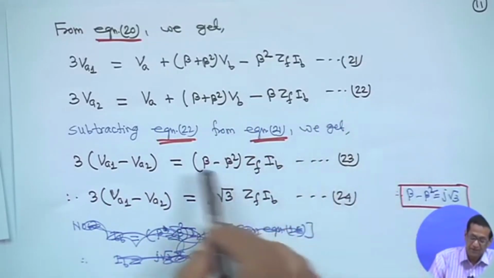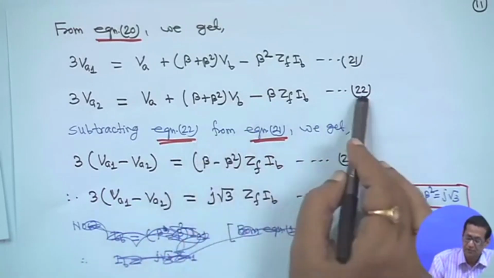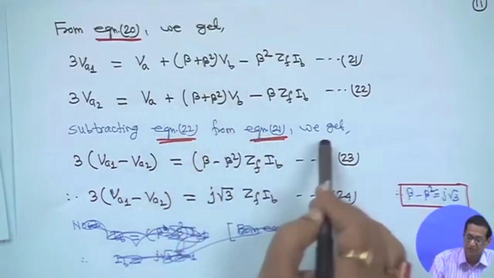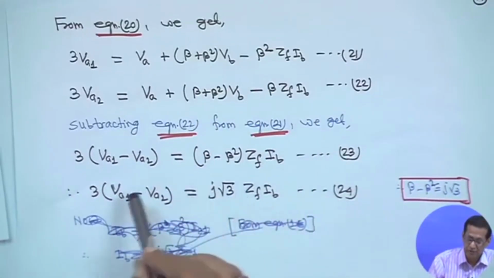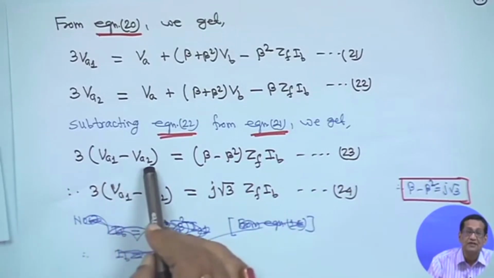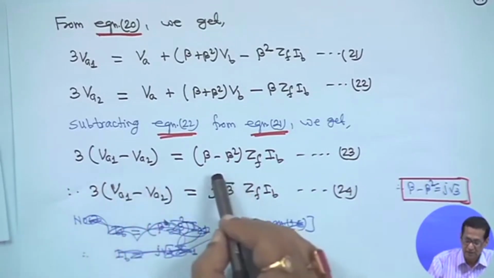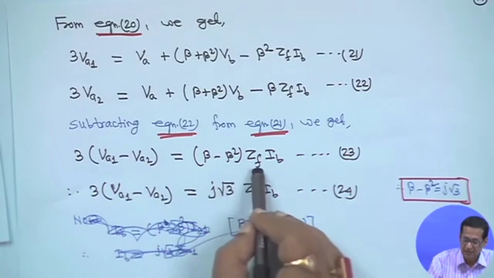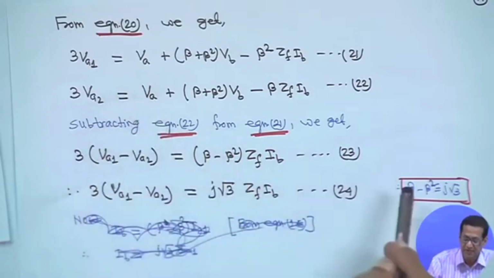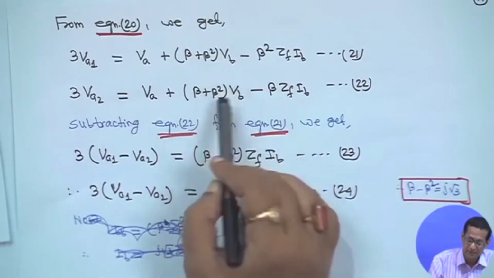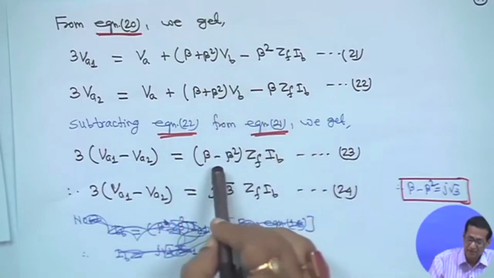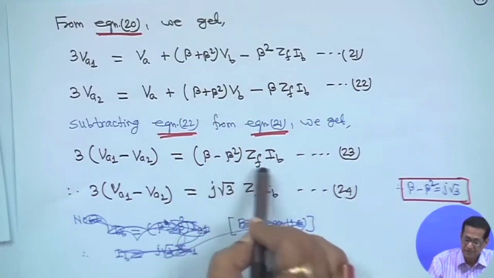Now, subtracting equation 22 from equation 21, if you do so, you will get 3 into VA1 minus VA2 is equal to beta minus beta square into ZF IB. This is equation 23. If you subtract, VA will be cancelled, even beta plus beta square VB also will be cancelled. Ultimately, it will remain beta minus beta square ZF into IB.